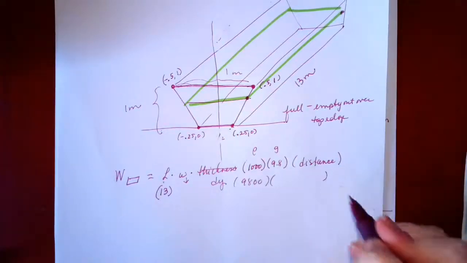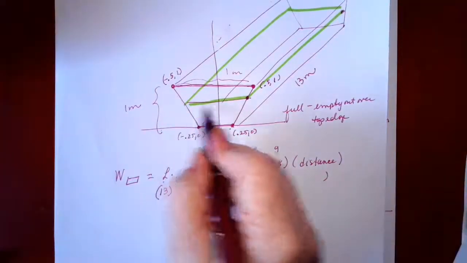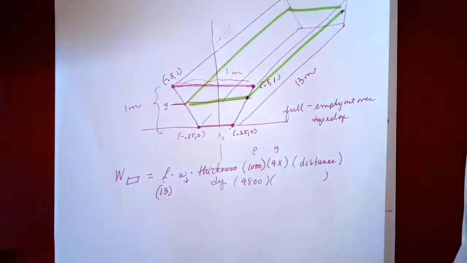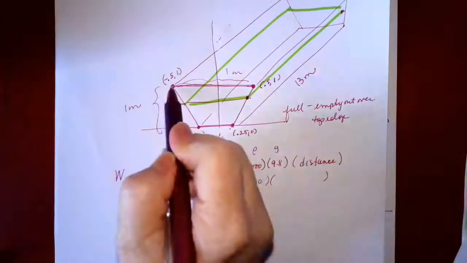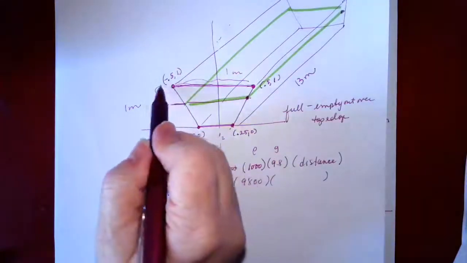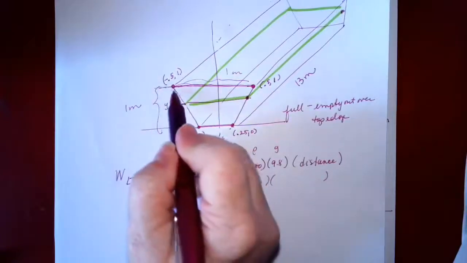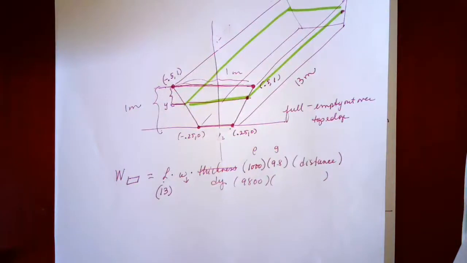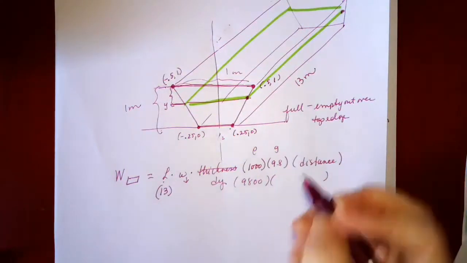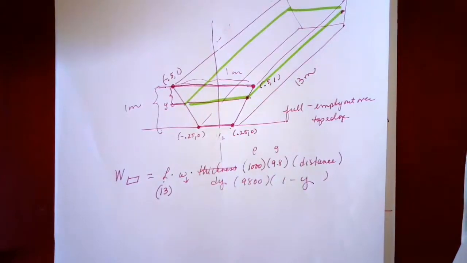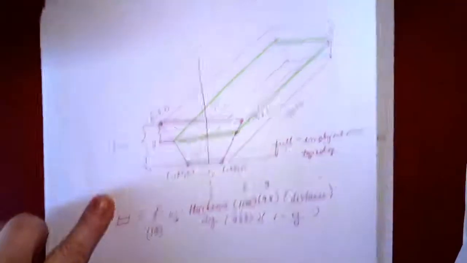What about the distance that this little cross section has to travel? Well, it starts out at some y level above the bottom of the tank, and it has to get to the top ledge of the tank, which is y equals 1. So how far does it have to travel vertically? 1 minus y. Perfect.